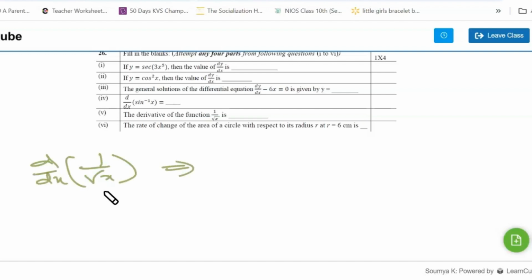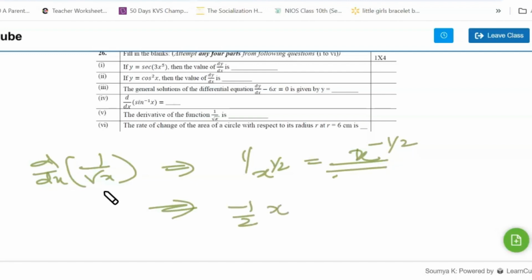In that case, you can write it as 1 by x raised to 1 by 2, or you can write it as x raised to minus 1 by 2. Write this, and then find its derivative. That means minus 1 by 2 x raised to minus 1 by 2 minus 1. That is for differentiation.